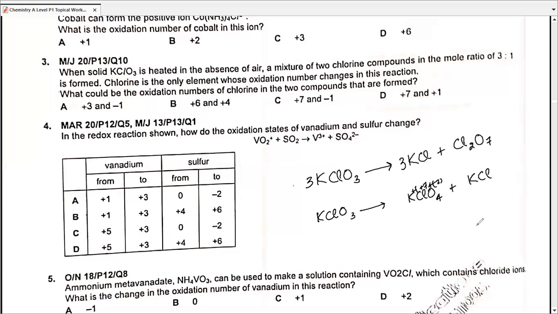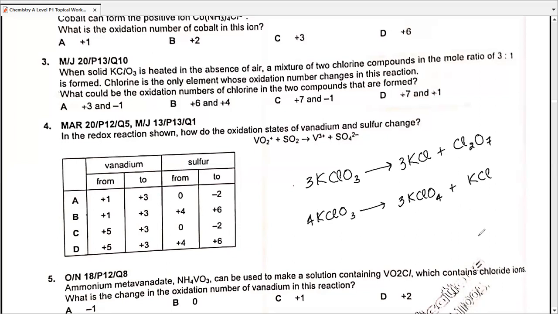Well, we put this as 3 and this is 4. That balances chlorine and potassium, but does not balance oxygen. It won't form a compound like that. The other way around. Wait a second. 3, 4.